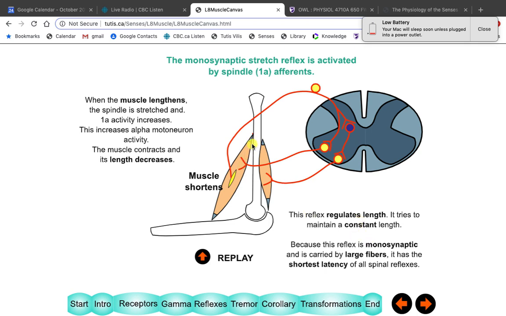And because it's monosynaptic, just one synapse, and because it's coming from the 1As, which are the thickest of all your fibers, it has the shortest latency of all your spinal reflexes.